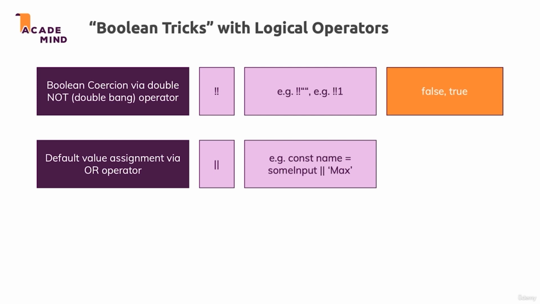Now, if you're working with two strings like you're doing here with some input and Max, and I'm assuming that some input also holds a string, what happens here is that OR will return the first truthy value without converting it to a real boolean. So it will keep the original value and return that.